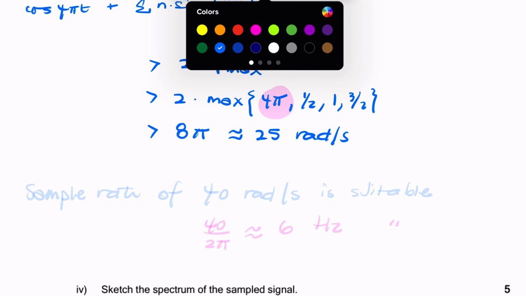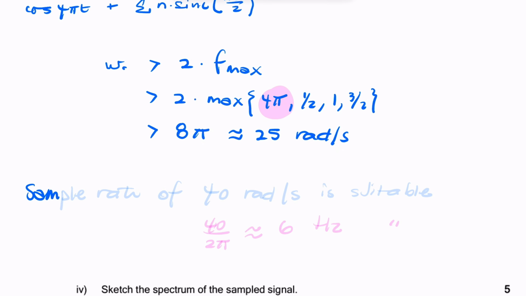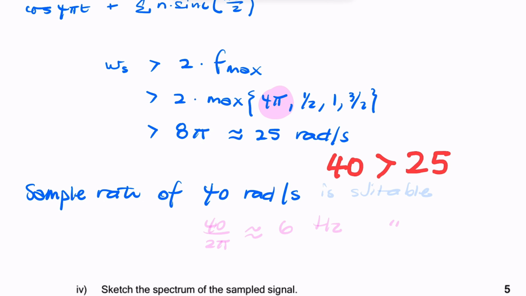So if it says suggest a sample rate, we need to actually give it a number. So let's say a sample rate of 40 radians per second is suitable.